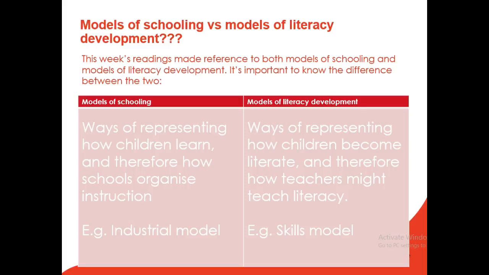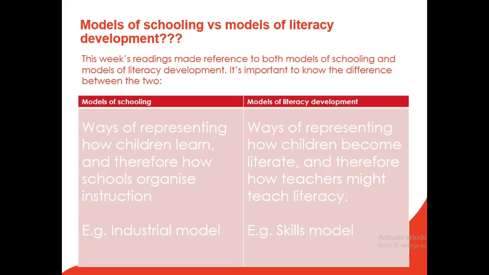If you think about the industrial model as a general broad model of schooling, picture a very traditional classroom. You might see seating set out in rows and children typically seated in isolation of each other. They are not encouraged to work together, to collaborate, to discuss their learning. Rather, learning is quite an individual experience.